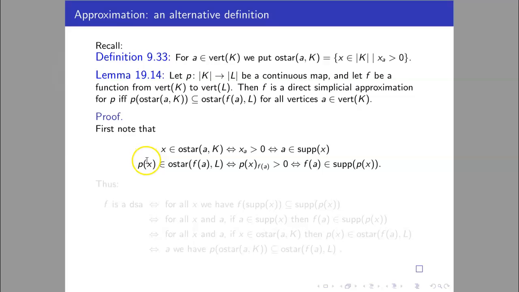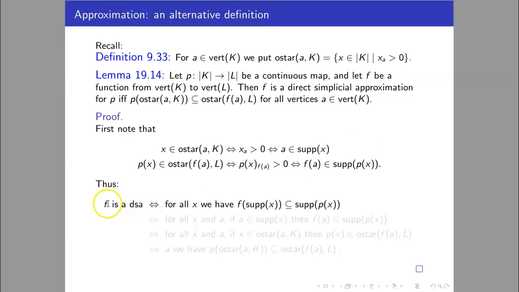And in exactly the same way, we can apply the same logic to the point Px and the vertex FA. So Px lies in the open star of FA. That's by definition the same as saying that the coefficient Px FA is strictly positive, and that's the same as saying that FA is in the support of Px.